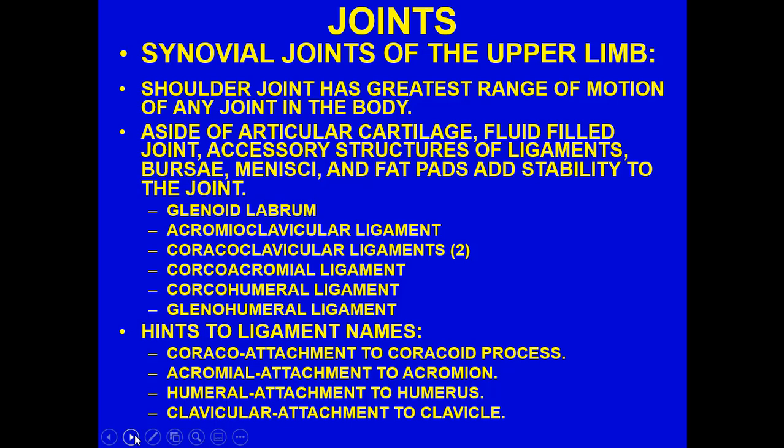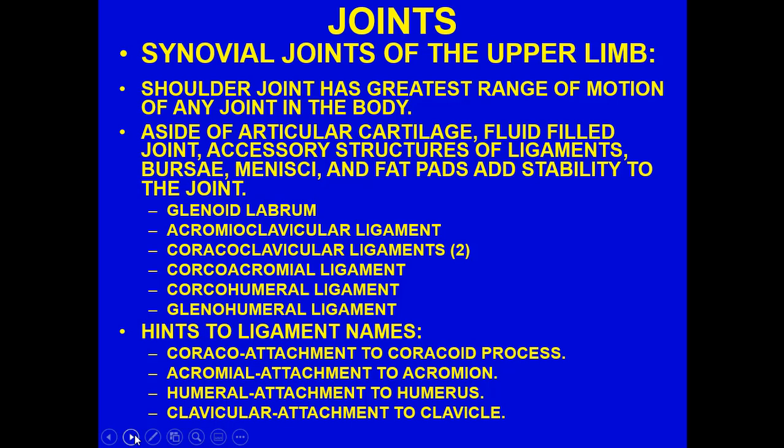The components that make this up are the glenoid labrum, the acromioclavicular ligament, the coracoclavicular ligaments, there's two of them, the coracoacromial ligament, the coracohumeral ligament, and the glenohumeral ligament.